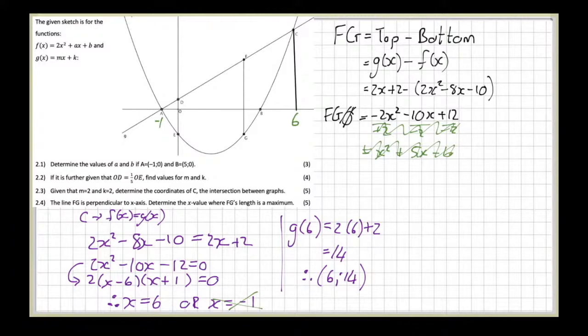FG is a parabola. An upside down parabola because of the negative 2. Where would this graph be at a maximum? At the turning point. So in other words, they're actually asking me for the turning point of FG.